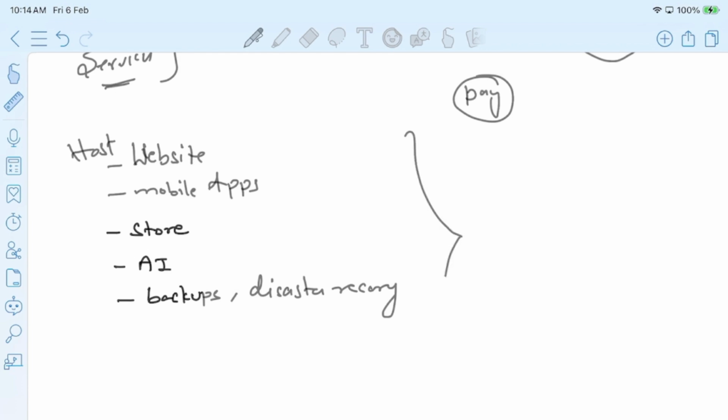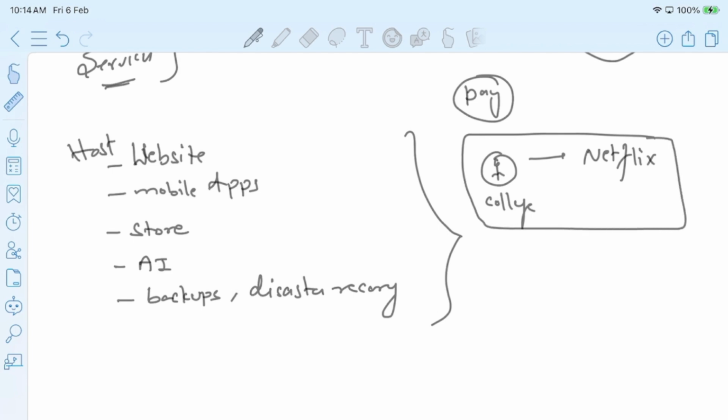So it means from college projects to very big applications like Netflix, Amazon Prime, etc., everyone is using the same platform. It is AWS.